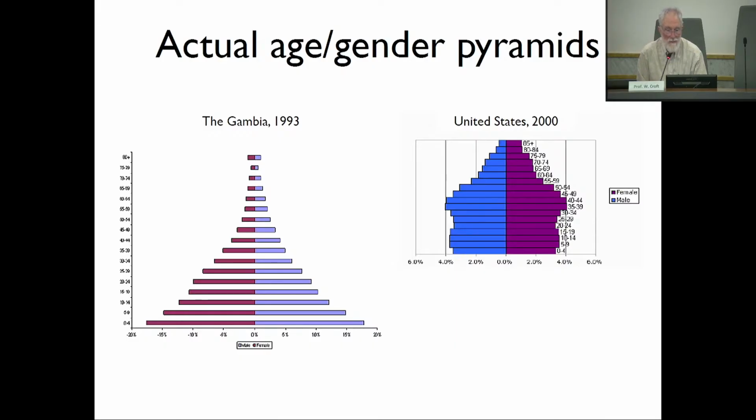It's not even a pyramid much anymore, because of medical technology, you have still a fairly equal distribution of males and females at the different age categories, actually females prevailing at the older ages, but you get this bulge in the middle and much higher numbers at the high end of the age range.